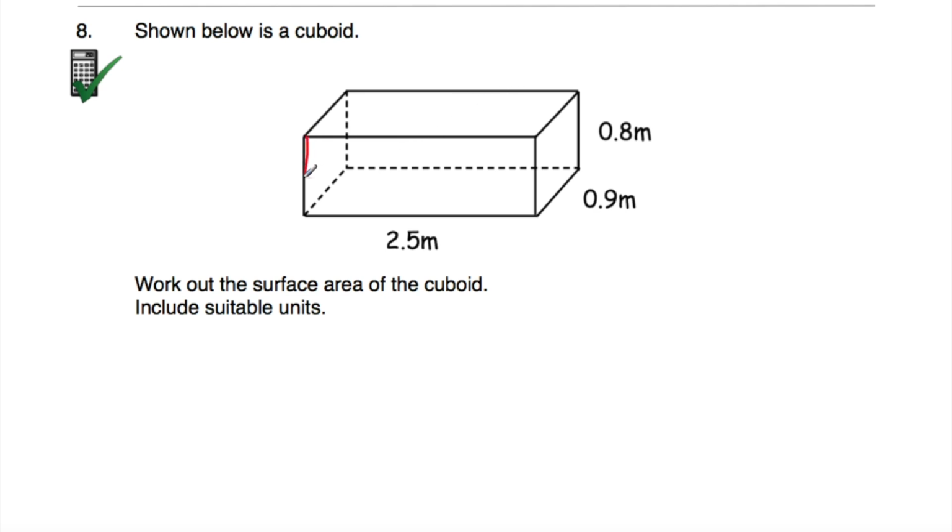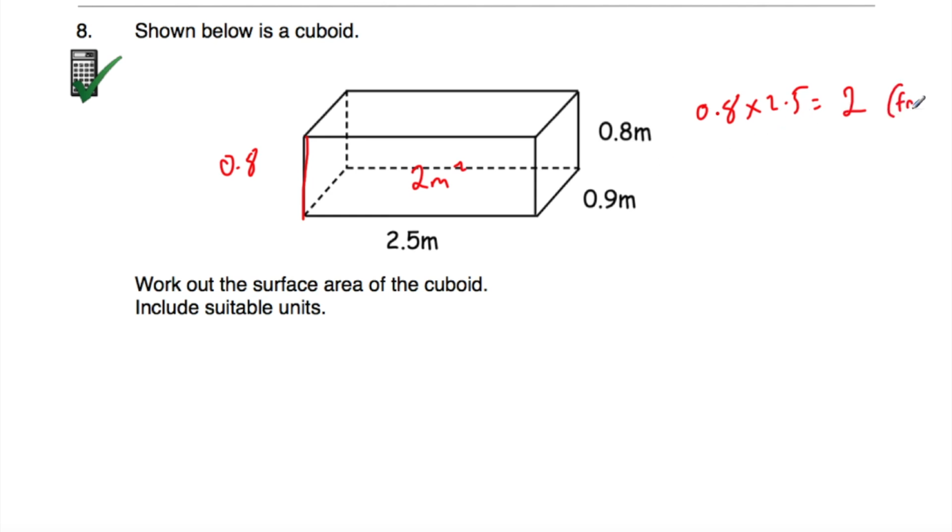It's going to be 0.8 because we've got a height of 0.8, so 0.8 meters multiplied by 2.5. So 0.8 times 2.5 is equal to 2. So the area of the front of this cuboid would be 2 meters squared. We're dealing with meters here, so it's 2 meters squared.